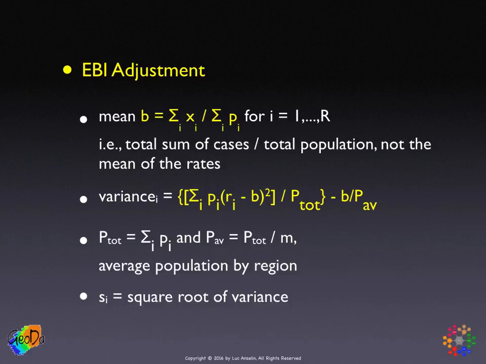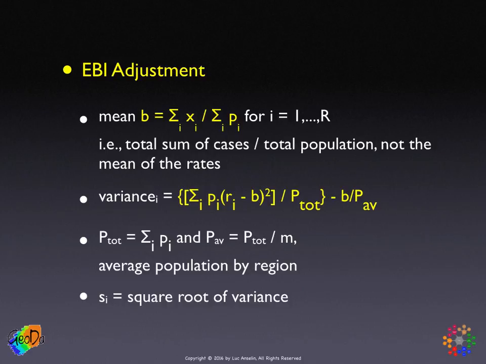Then the variance is a little tricky, and first of all, the expression is fairly tricky, but there is one drawback with the variance. The variance is the first term, and then you subtract the second term, and that's the problem, because sometimes the first term is actually smaller than the second term, which would give you a negative variance. And as we've already seen, negative variances don't exist. So what do you do in that case?